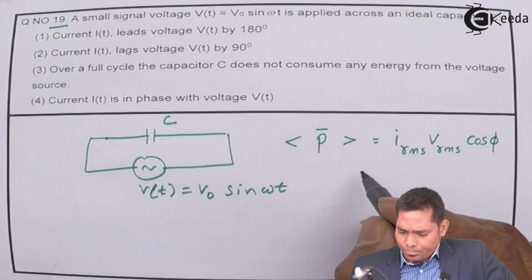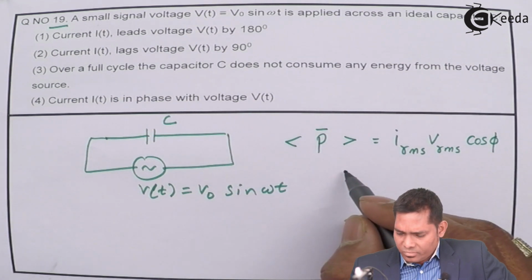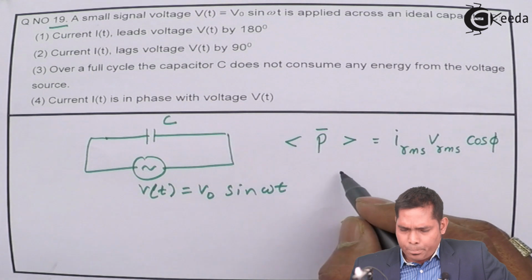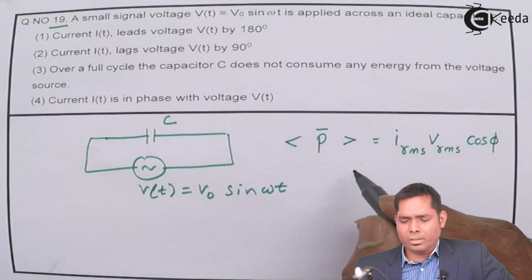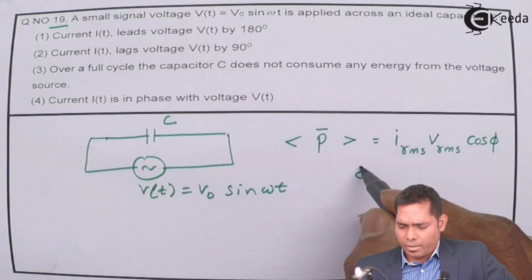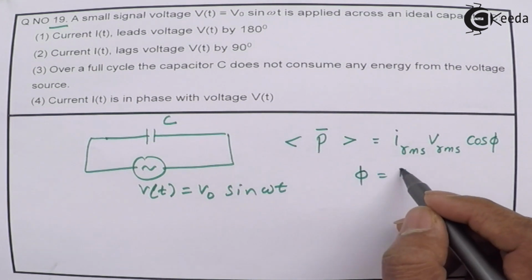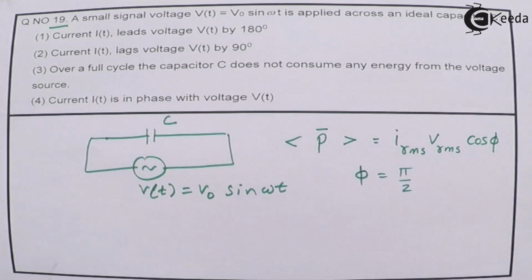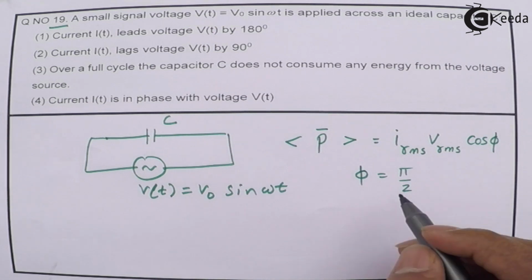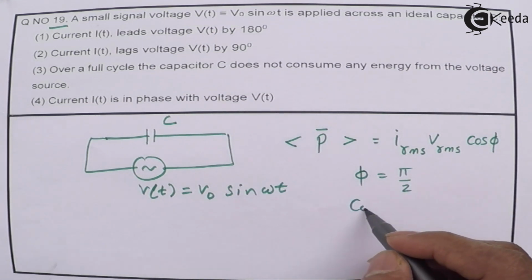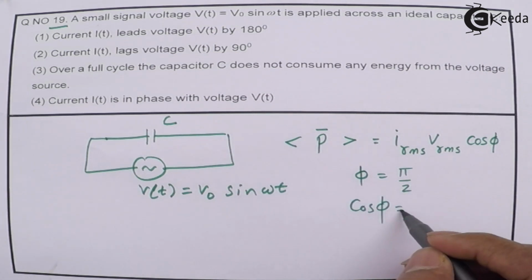In a purely capacitive or purely inductive circuit, this phi is 90 and cos phi is 0.